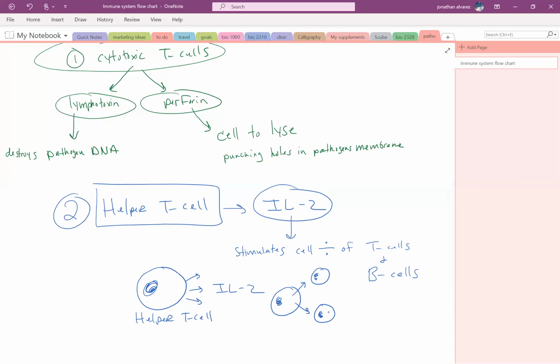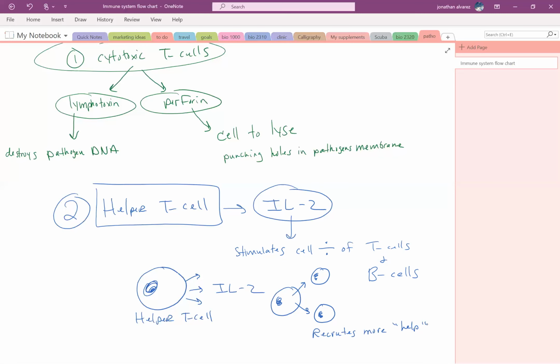And the reason why is because it recruits more. I like the analogy with drones. It recruits more drones to fight and help. Okay.